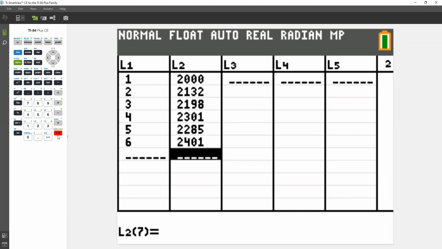If you even have one number wrong, it will screw up the entire question. So again, we went to stat and then edit to type into our L1 and our L2 column.